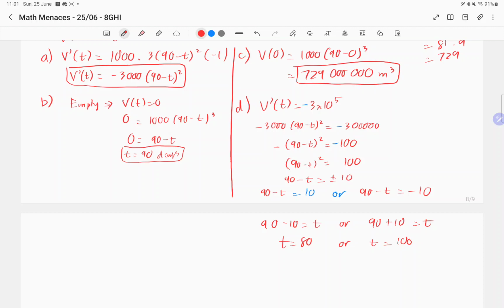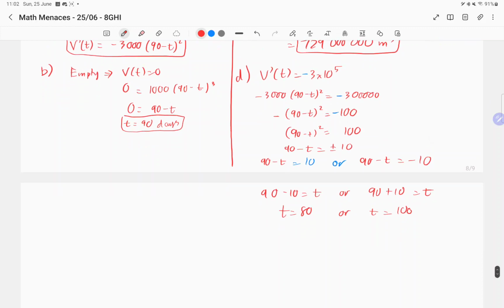So which one is rejected? 100. Correct. Because it's already empty at 90 days. So after 90 days, there's no more volume to decrease, right? So the model only works up to t equals 90, okay? So this means that t must be less than 90 days, because at 90 days you already get 0 volume.